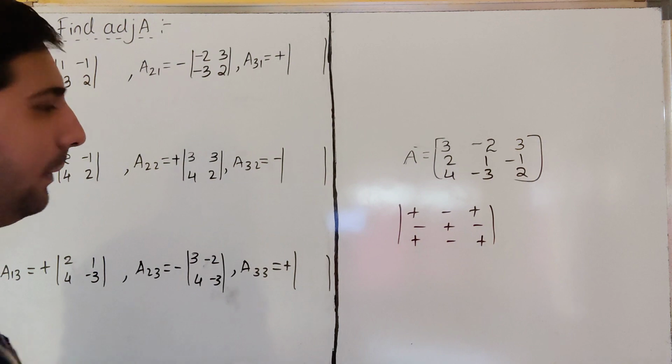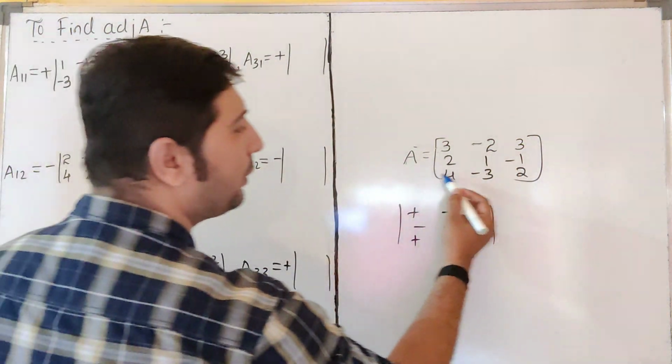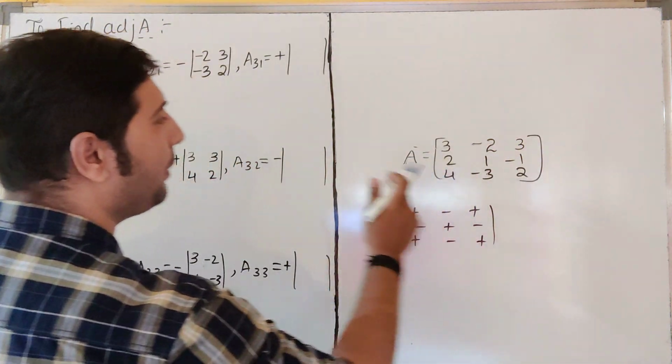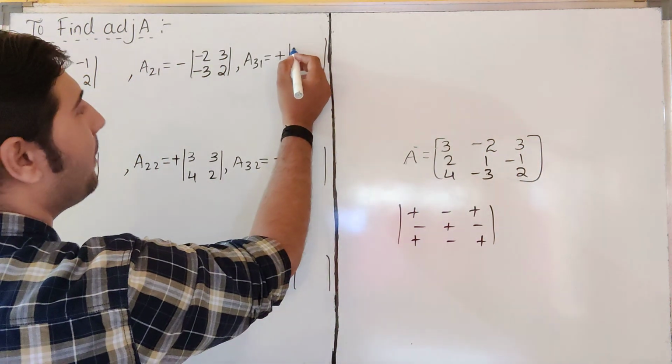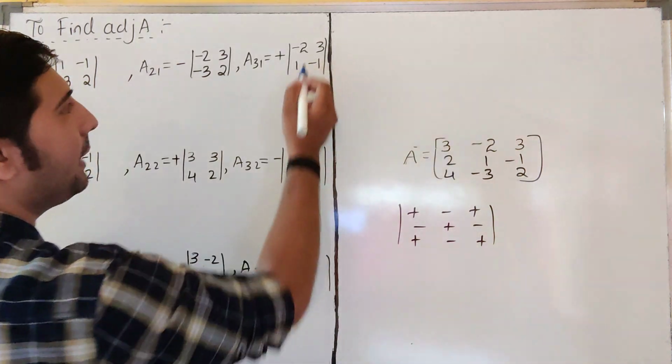Clear? Next up, third row, first column. You leave third row, first column. You are left with minus 2, 3, 1 minus 1, dear students.